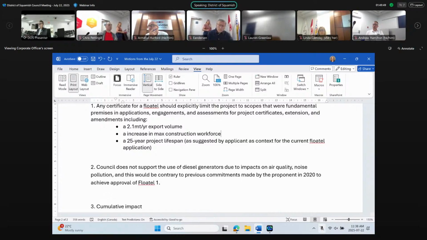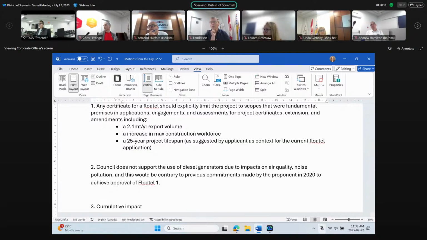The 2.1 megatons per year for an export volume is federally regulated. I don't understand why we need to reiterate something that's already basically written in stone, and I don't believe that what's happening here is an attempt to increase that number from 2.1 megatons a year.